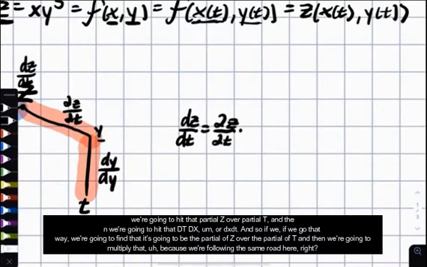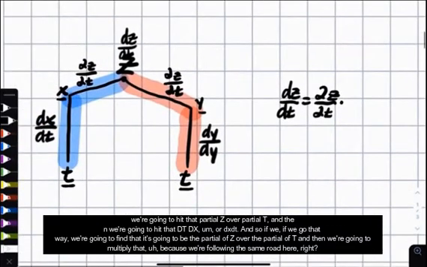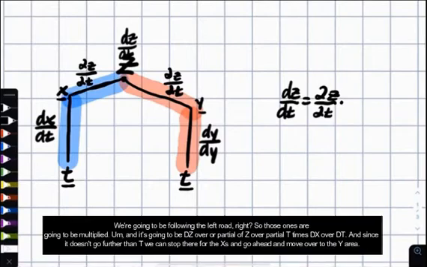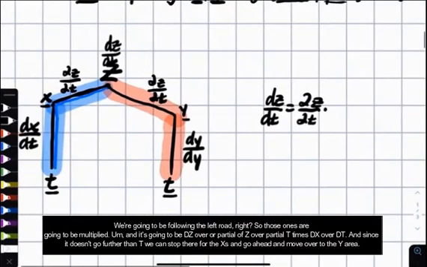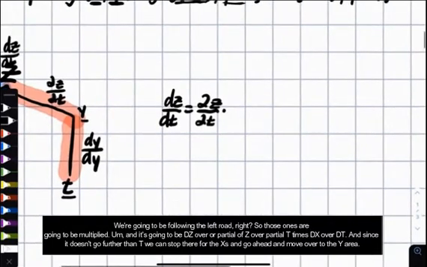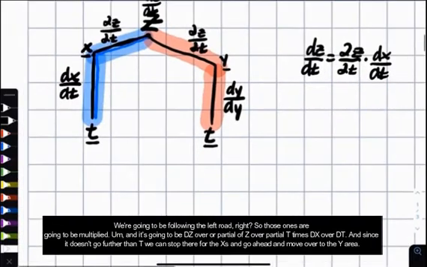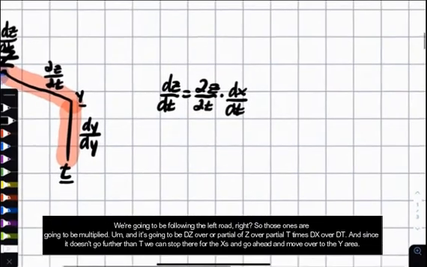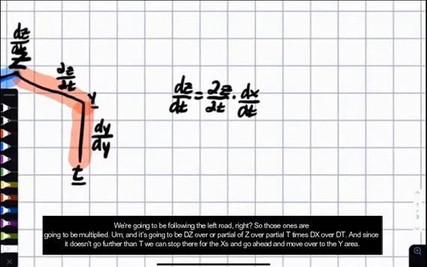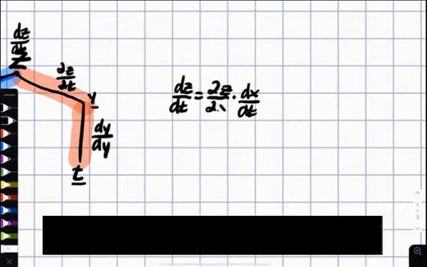And then we're going to multiply that because we're following the same road here, right? We're going to be following the left road. So those ones are going to be multiplied, and it's going to be partial of z over partial of x, times dx over dt. And since it doesn't go further than t, we can stop there for the x's and move over to the y area.